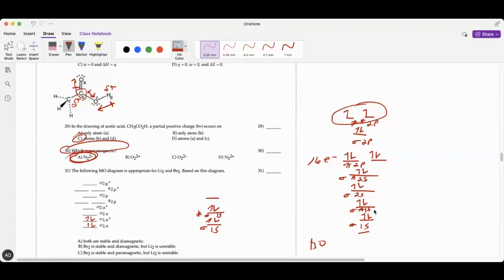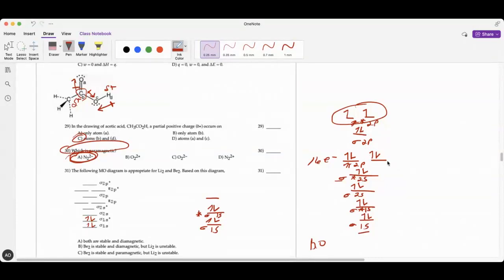So the sigma 1s fills first, and then the sigma star 1s fills, and then the sigma 2s fills, and then the sigma star 2s fills, and then it gets a little bit more complex as we get to the pi 2p and the sigma 2p.